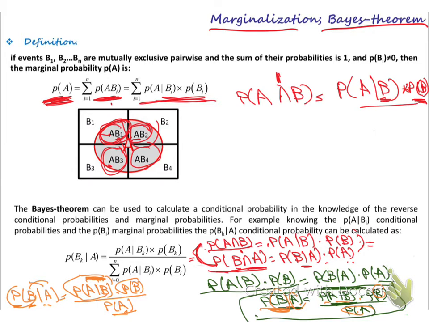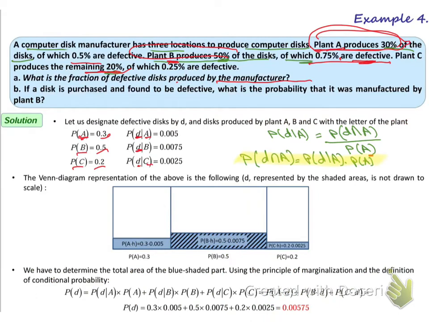This problem has two parts. The first part is marginalization. The second part will be Bayes' theorem. So the question here: what is the fraction of the defective disks produced by the manufacturer? The probability of defective will be equal to the probability of the defective in A, plus the probability of the defective in B, plus the probability of the defective in C.